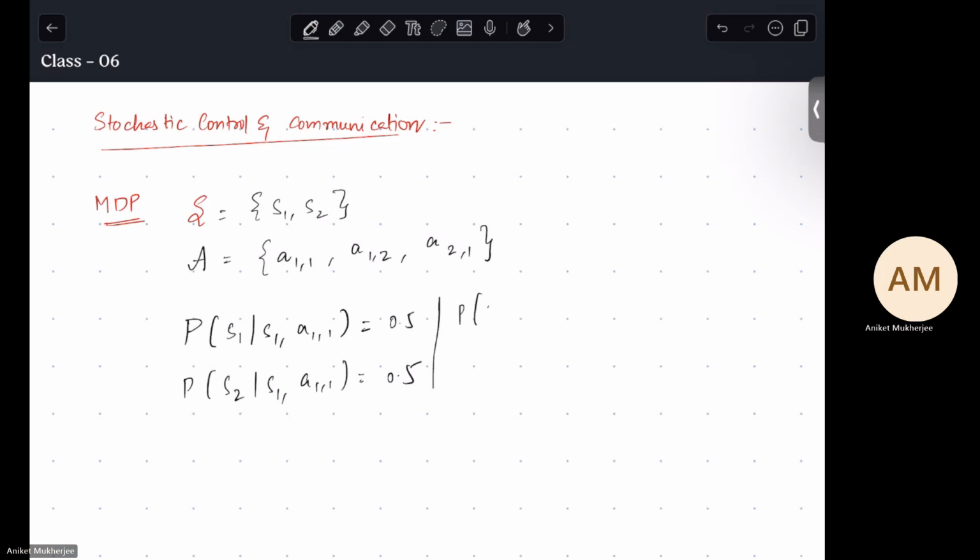Similarly, the probability that you end up in state S1, given you're in S1 and you take A12, is 0. The probability that you end up in S2, conditioned that you're at S1 and you take action A12, is 1.